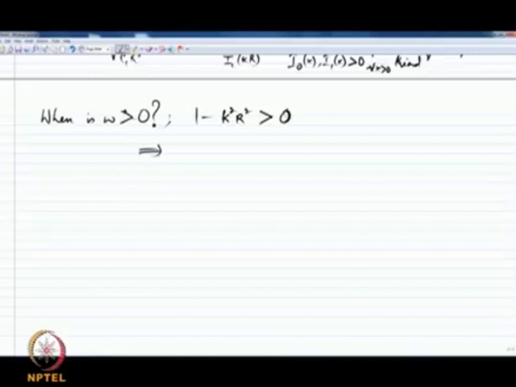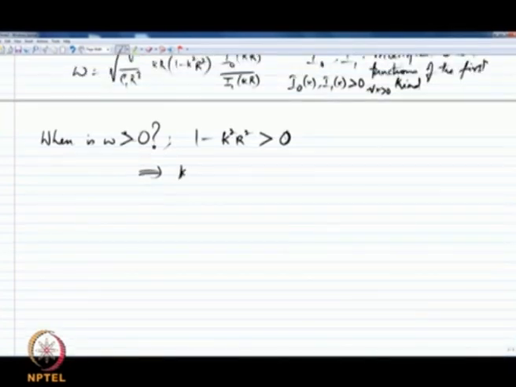Okay. So, again we use the same condition that omega is positive when 1 minus k squared r squared is positive. So, this implies k squared r squared is a non-dimensional wave number.